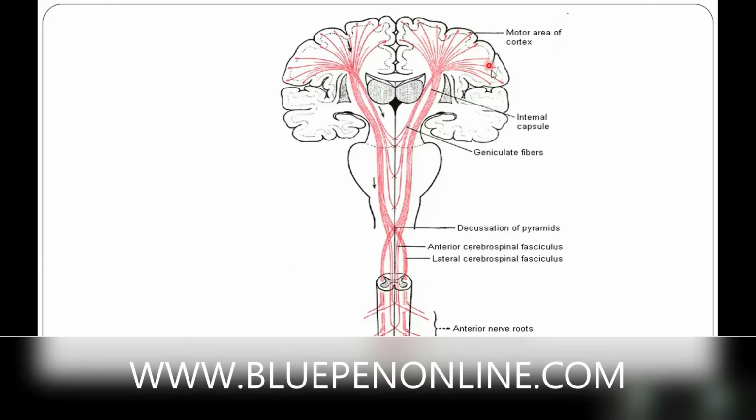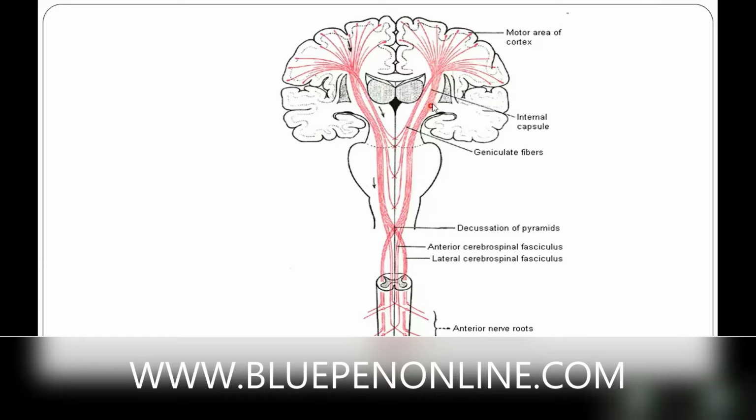This part is called the corona radiata. The motor area is a wide area, so it spreads through the entire motor cortex, and from there all these nerves converge together.